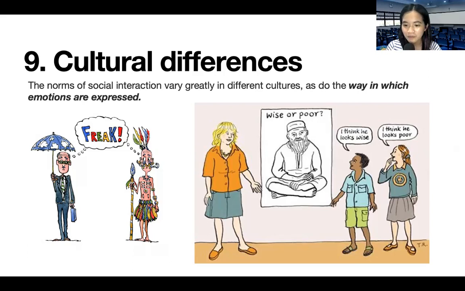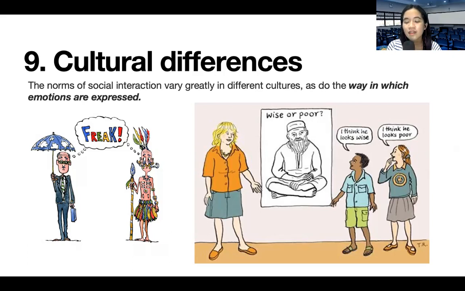Also here, the teacher asked, is the guy wise or poor? The boy answered, I think he looks wise because maybe in his culture, when he sees someone like this, maybe he's smart, he's a monk, or he's an influential person.